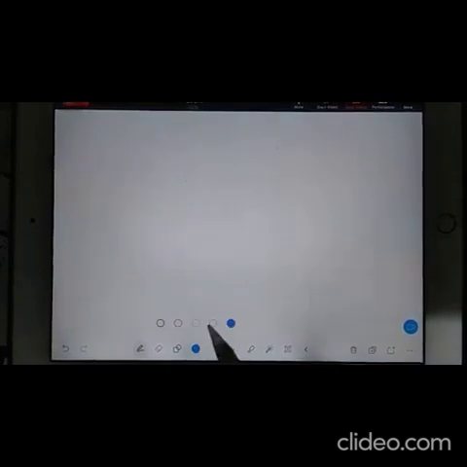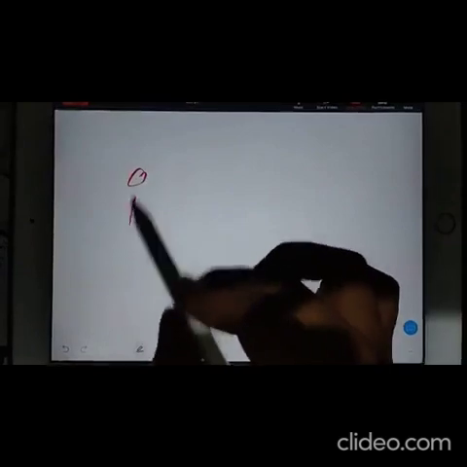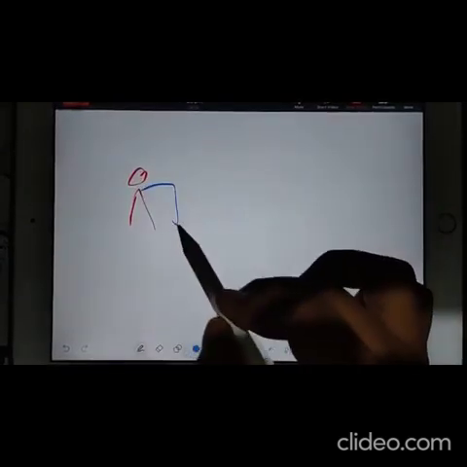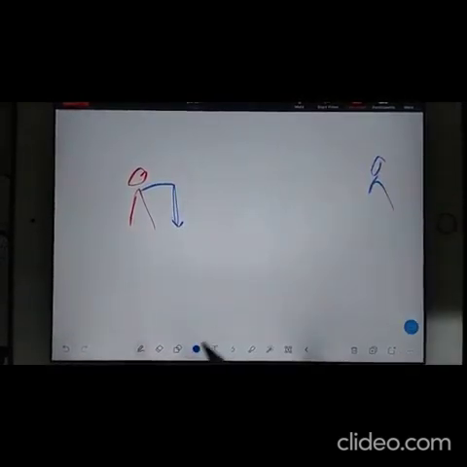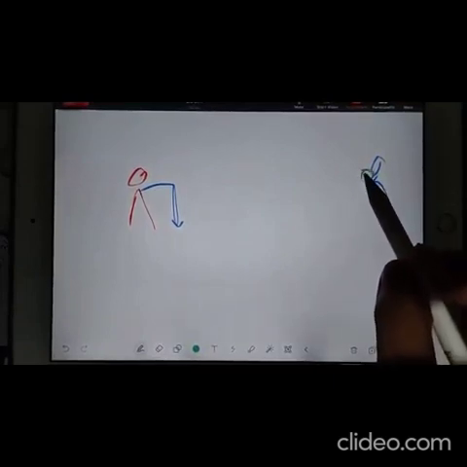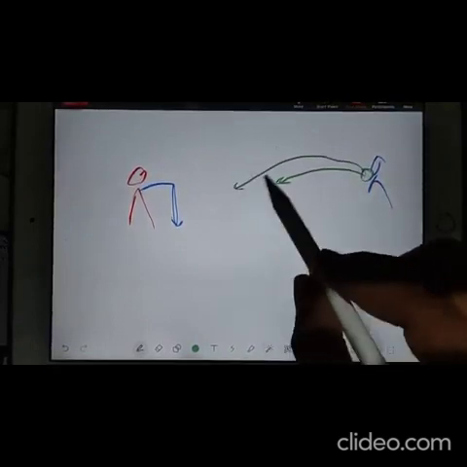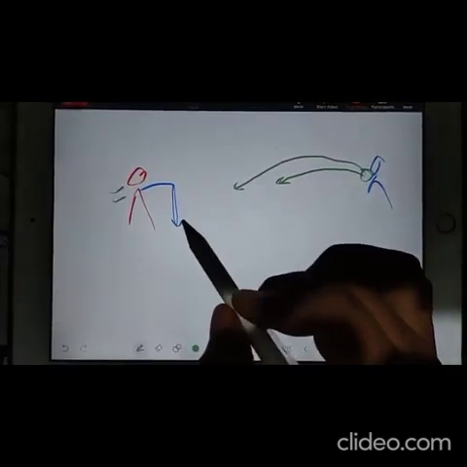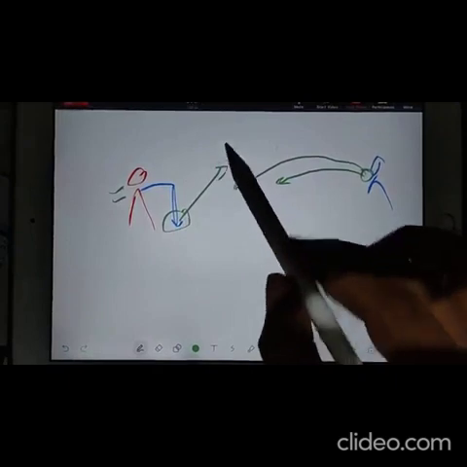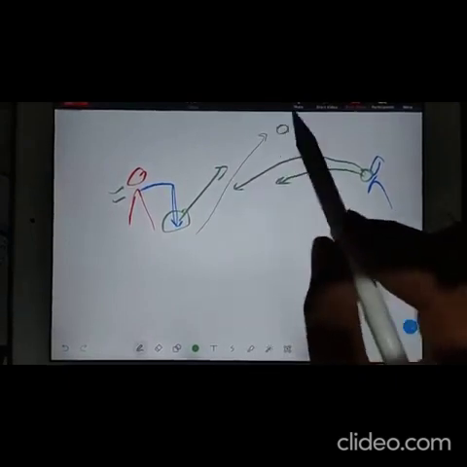Some people can feel this. If you have played cricket in your childhood, suppose this is the bat and here is the bowler. If the bowler is throwing a very slow ball, then the batsman has to hit the ball with very high speed, then only the ball will reach the boundary.